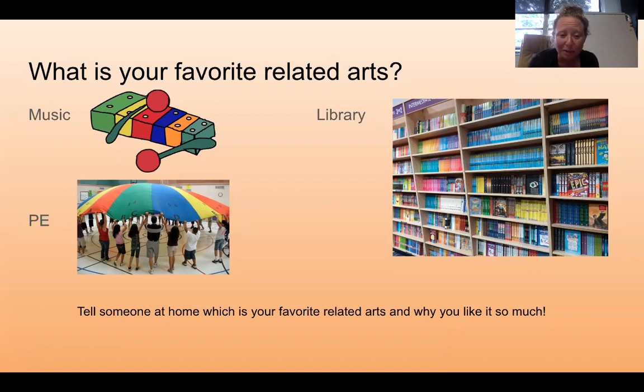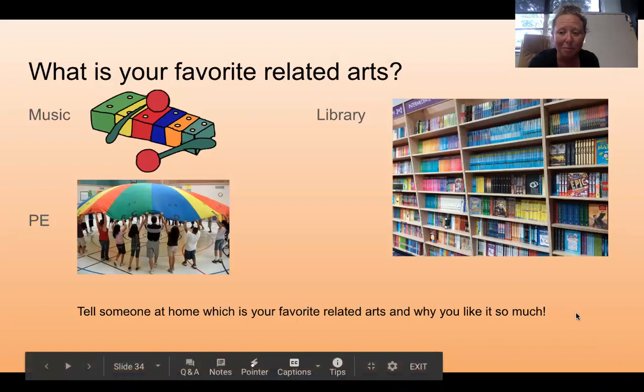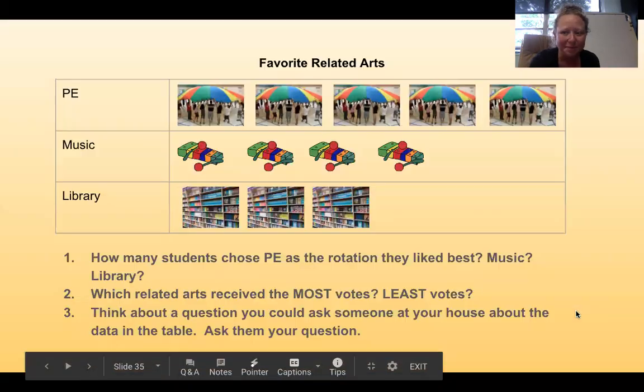Tell someone near you which is your favorite related arts and why you like it so much. If you need more time, push pause now.